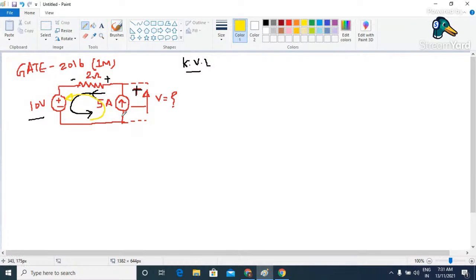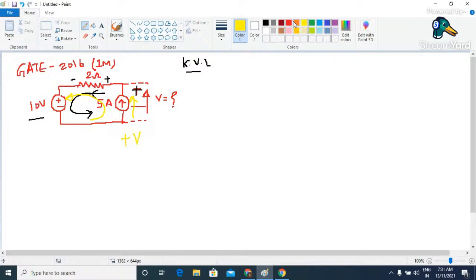First, when we pass through this active element, the 5 ampere current source, across it there will be a voltage of polarity minus plus, and we are moving in upward direction from negative to positive, so we are going to experience a rise. So this is going to be plus V.